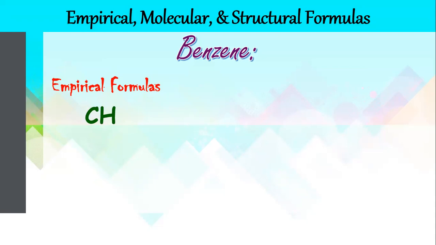To answer that question, that's when you would want to go to the molecular formula. And the molecular formula for benzene, which is now going to give us more information than the empirical formula, tells us that each benzene molecule has six hydrogens and six carbons.